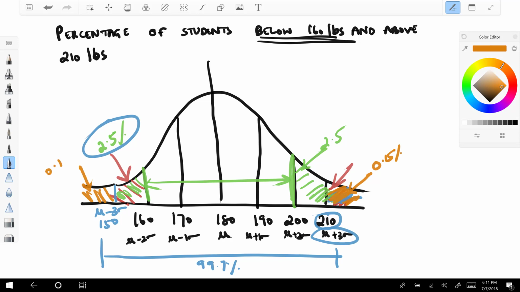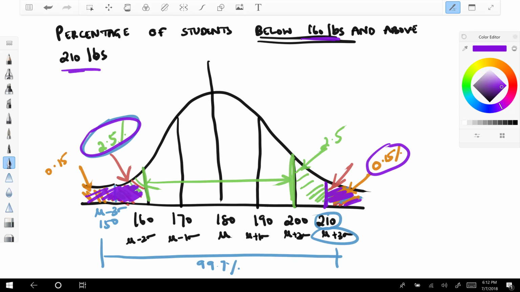So if you see, we are interested in this whole area, which was 2.5%, and this after 3 standard deviations. So when we add 2.5% with 0.15%, that will give us the percentage of students below 160 and above 210.